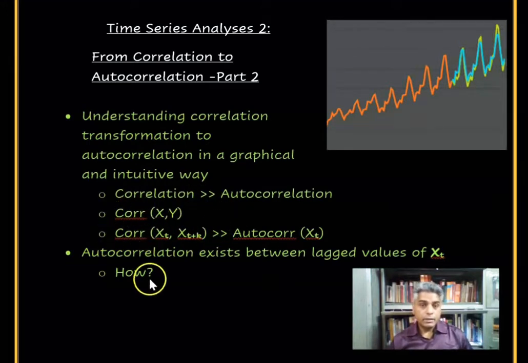We'll see how this correlation between x and y transforms to correlation between xt and xt plus k, which are two time series variables, and becomes an autocorrelation of xt, a time series variable. Finally, we'll see how autocorrelation exists between the lagged values of xt.